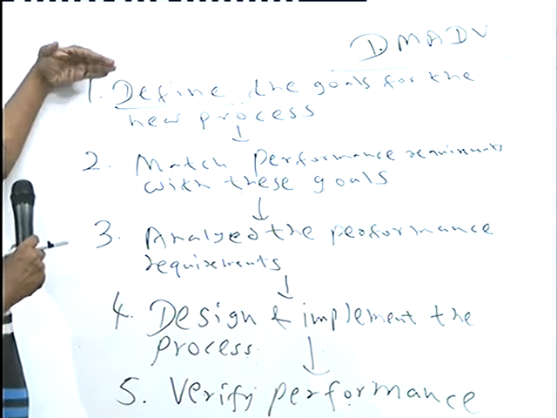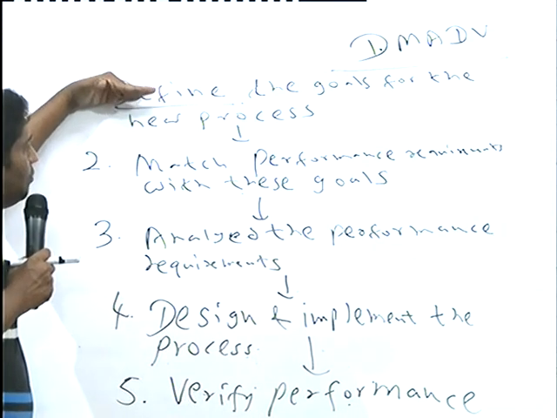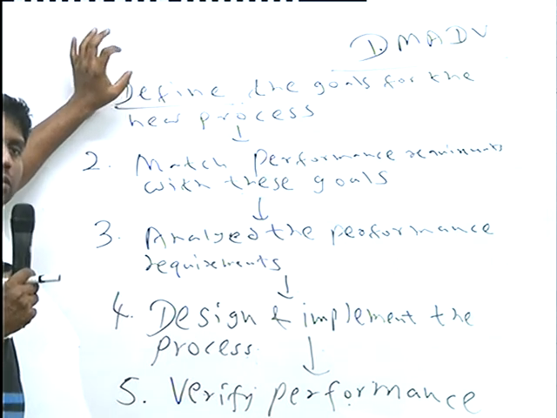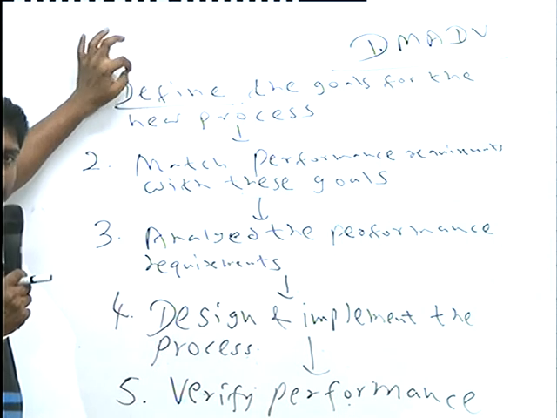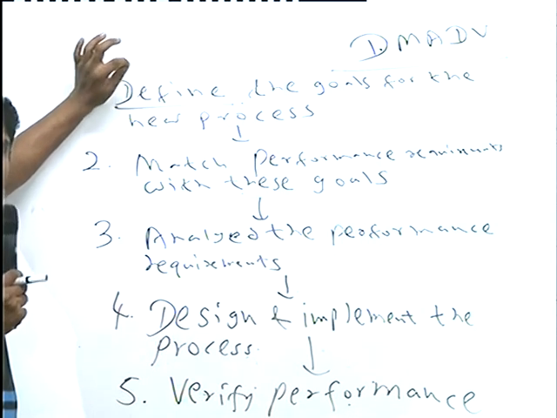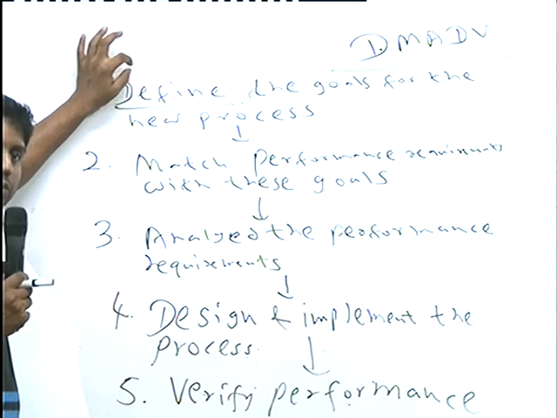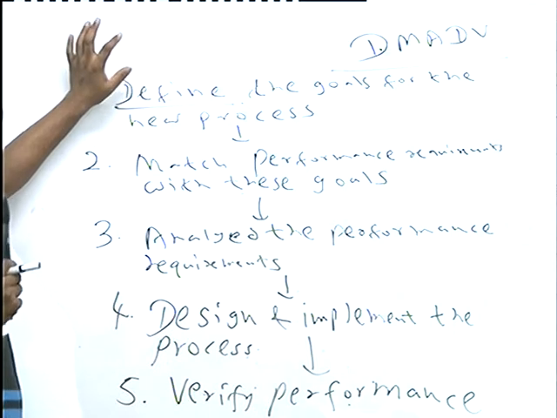Look at the first point: define the goal for the new process. If you are going to have a new process within your organization, the first thing you have to decide is what are the goals you want to achieve from the new process.